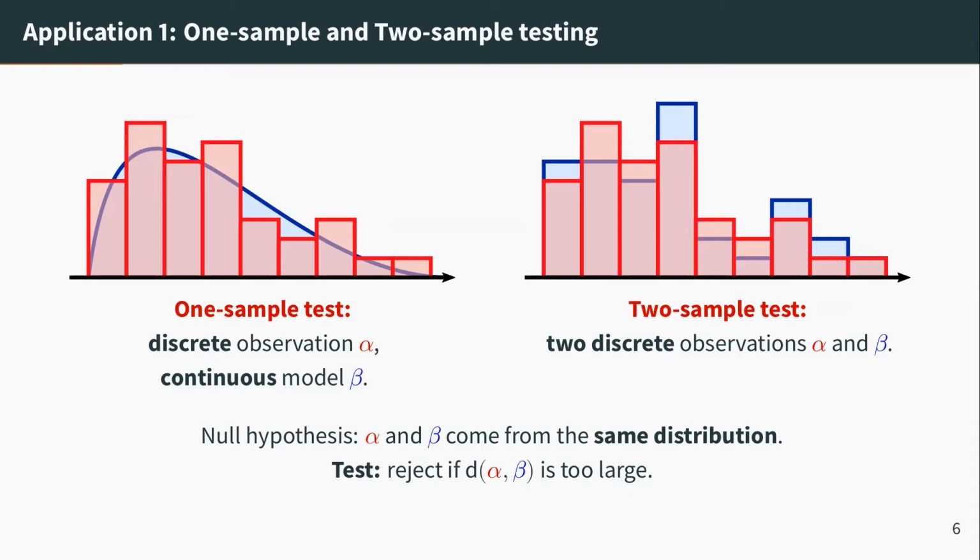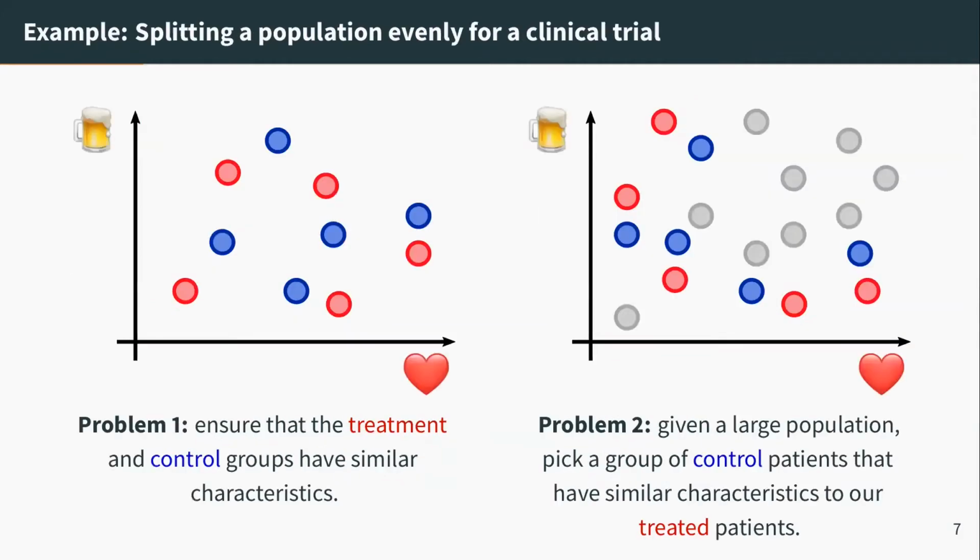Obviously, depending on the definition that we choose for the distance between alpha and beta, we are going to make different types of errors, like first type and second type errors, on different types of data samples. So this is the type of definition that you would find on Wikipedia.